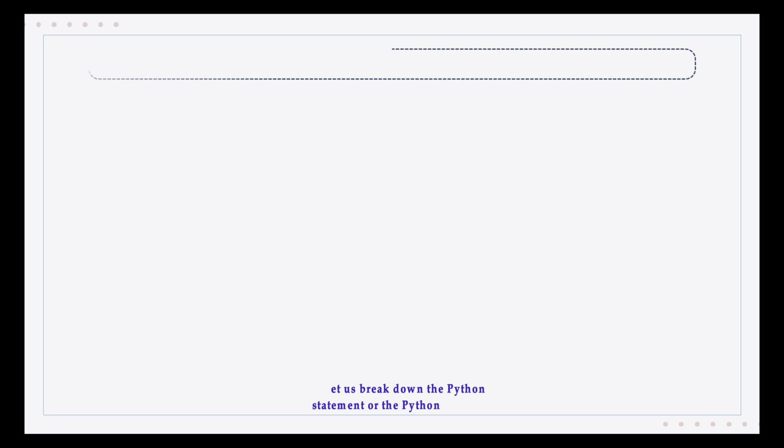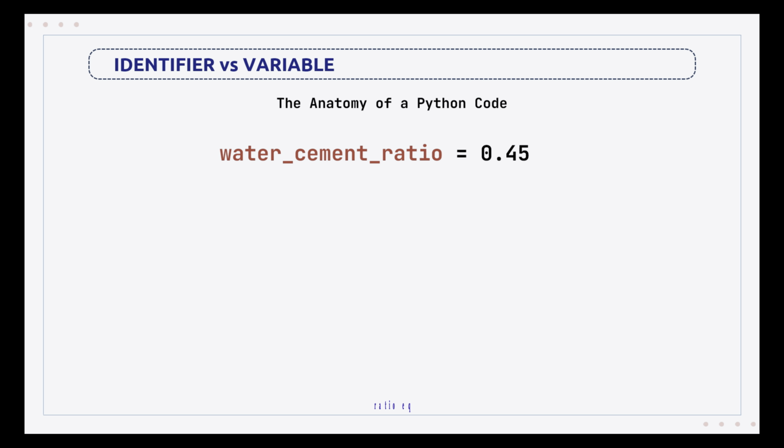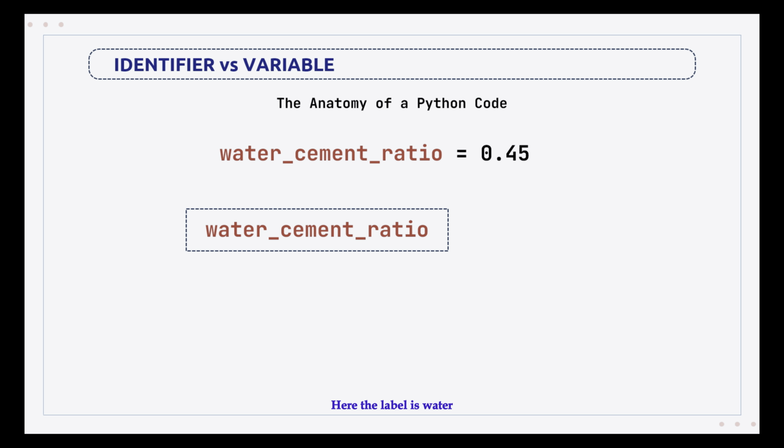Now let us break down the Python statement water_cement_ratio = 0.45 into various components. Suppose the computer first creates a storage space to hold a value. To identify that storage space, a label or name is assigned to it. Here the label is water_cement_ratio. This label is called an identifier in Python because it helps us to identify the variable storage location.